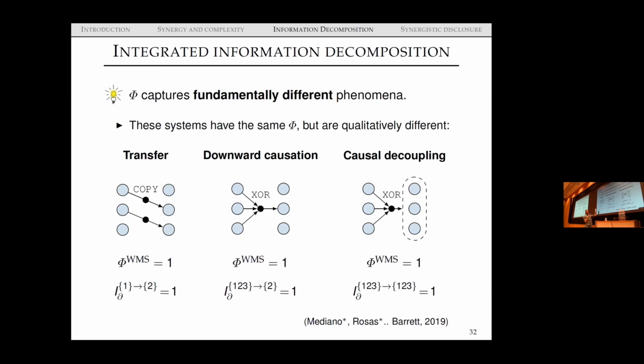So if you wanted to compare these systems in terms of how much they integrate information, or how they integrate information, if you were to just look at phi, you would be making an apples to oranges comparison. By looking at this PID, we can get a more nuanced picture of the system. And this is what I meant earlier by systems can deviate from independence in different, meaningful ways.